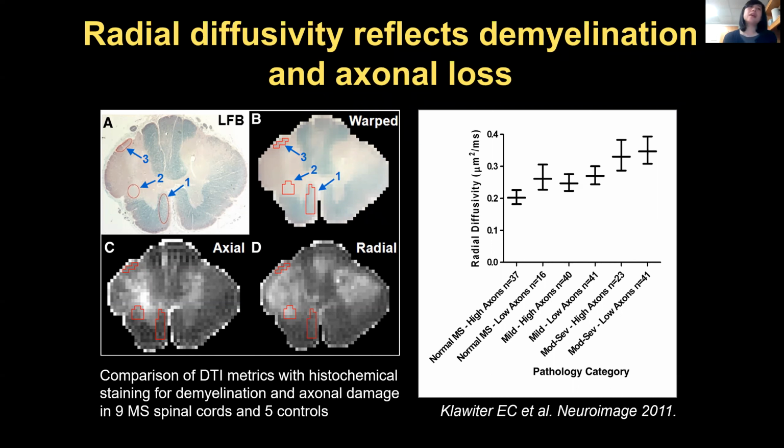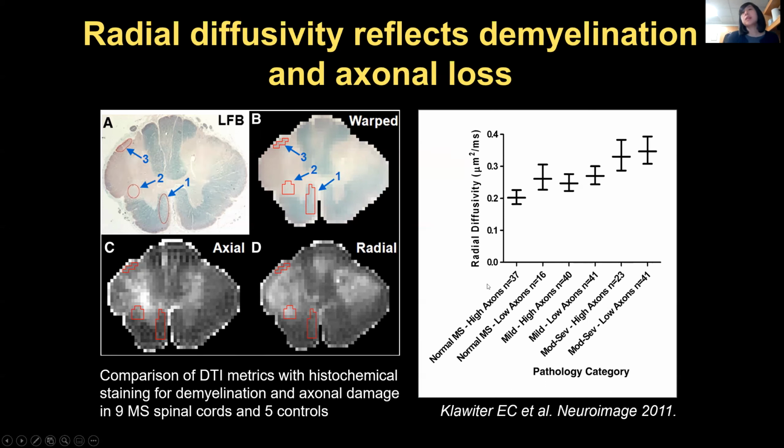In this study, they systematically compared the DTI metrics with histochemical staining for demyelination and axonal damage in 9 postmortem spinal cord specimens taken from MS patients, and 5 non-neurologic healthy controls. They delineated ROIs in areas of demyelination as well as axonal loss, and then looked at the DTI measures in these areas.